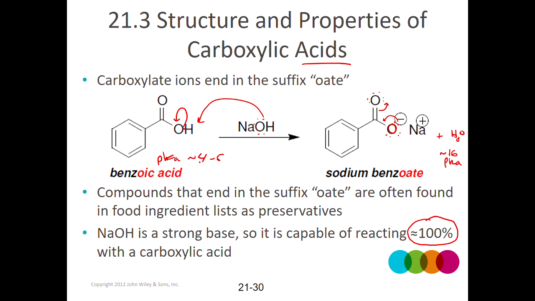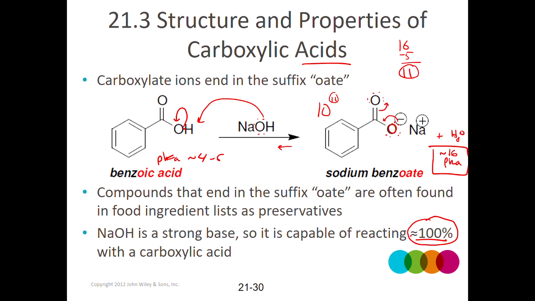And so if you remember, if you have the pKa of the weak acid on both sides of the equilibrium, it favors the one with the higher pKa, and that one is going to be favored by an amount that's equal to 10 to the difference of the pKa. So in other words, we would subtract the pKa, so it'd be like 16 minus 5, get 11, and that means there's going to be 10 to the 11th more products than reactants, and so that's why it's effectively 100%.